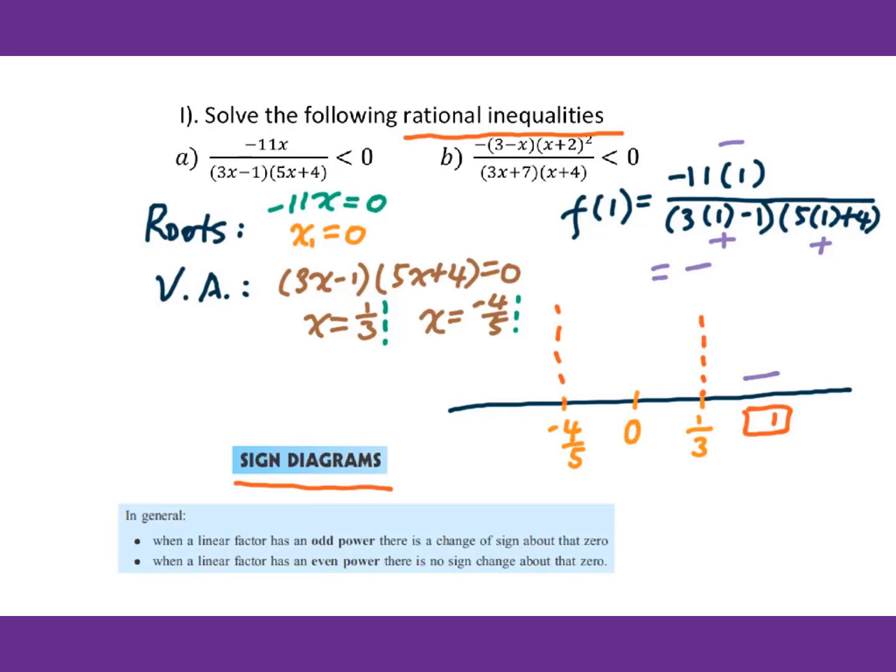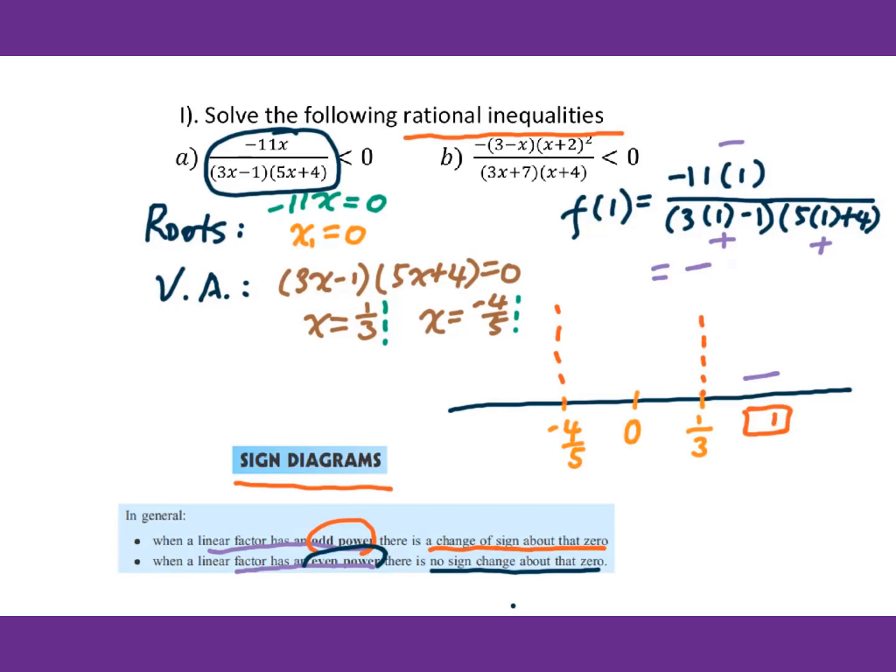Then check whether each linear factor has even power or odd power. If it has odd power, there is a change of sign about that 0. If there is an even power, then there's no sign change about that 0. Check this rational function.